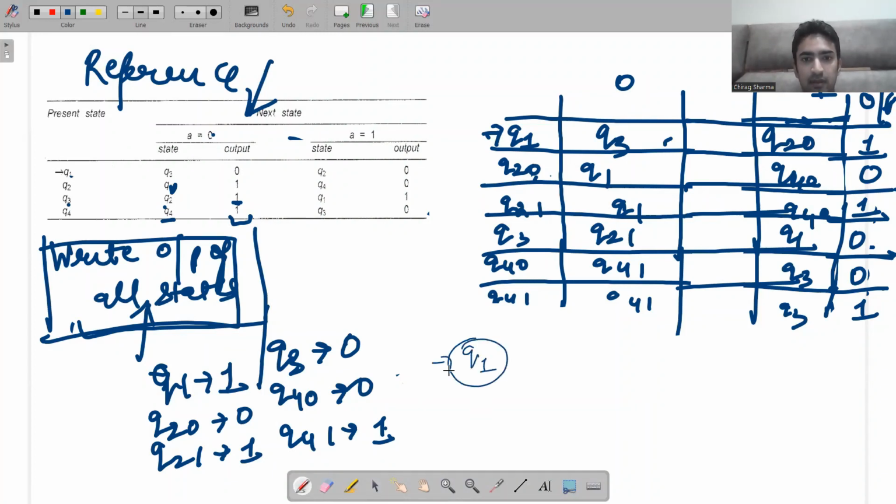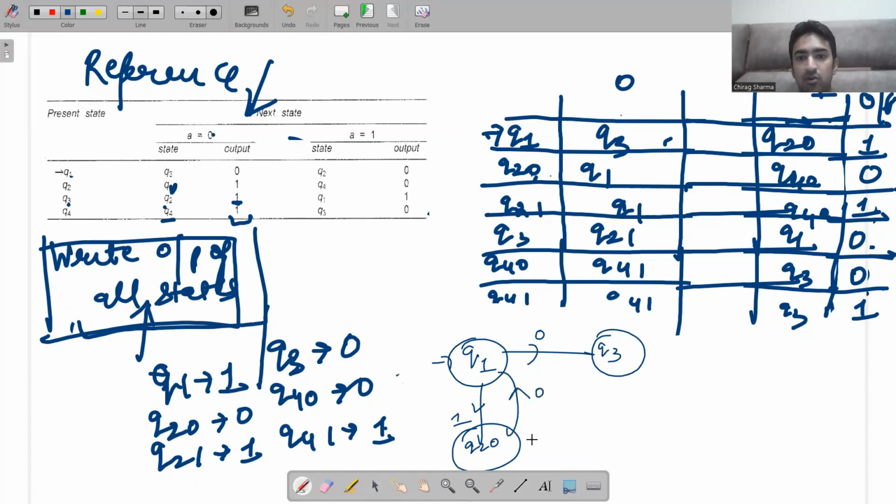Q1, when 0 is given, it goes to Q3. When 1 is given, it goes to Q2 0. Q2 0 when 0 is given, it goes to Q1.